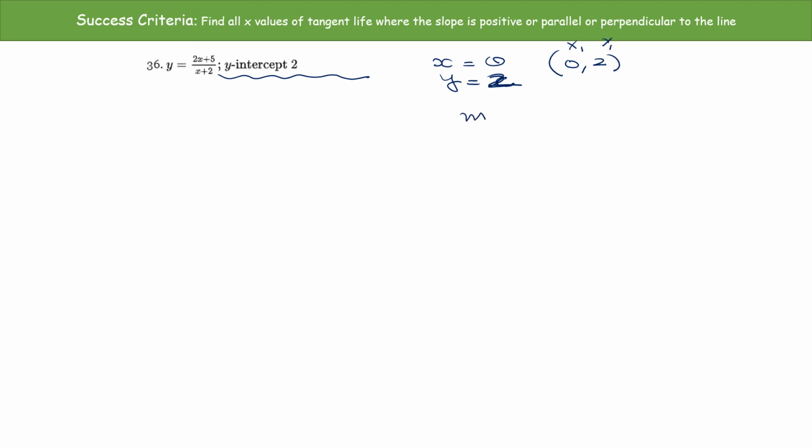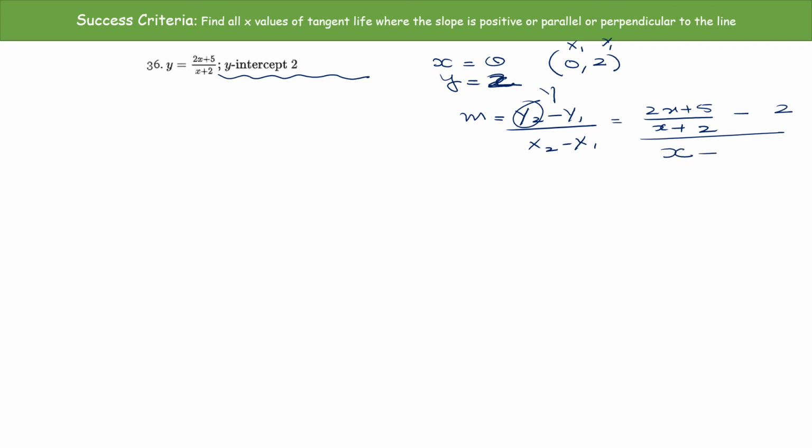In order to find the slope, we have a formula: y2 minus y1 over x2 minus x1. So your y2 is the y value which is given in the question, that is (2x plus 5) over (x plus 2), minus y1, which is 2 over x, stays as it is, and minus x1, which is 0.